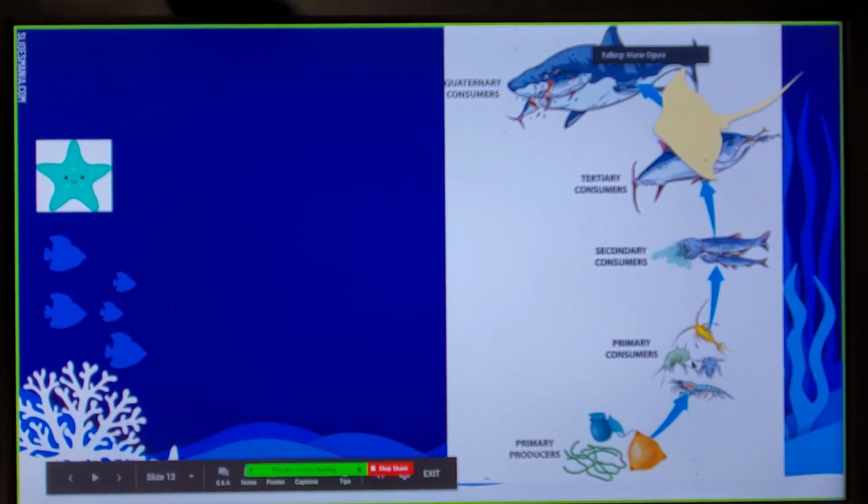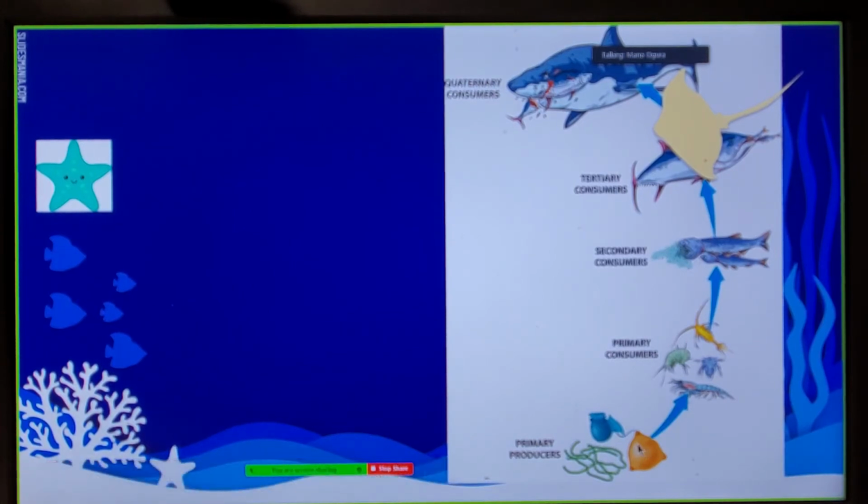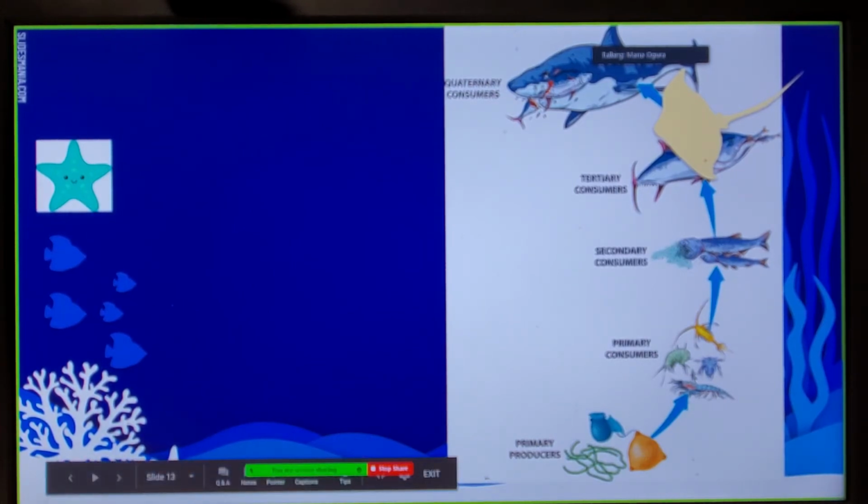But this could have just been a plant and a bear. It doesn't have to be a whole line of all these critters, because bears do eat plants like berries and stuff. So in this example, the primary consumers, the first guys that eat the plants, are these small little zooplankton. Then they get eaten by the secondary consumers.